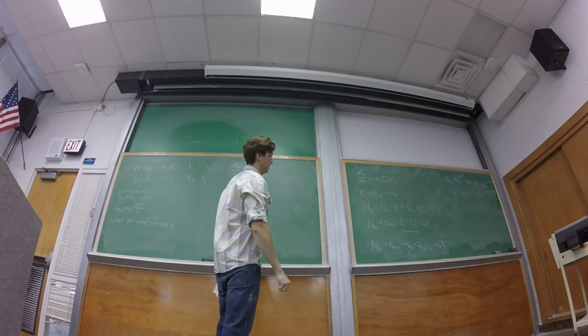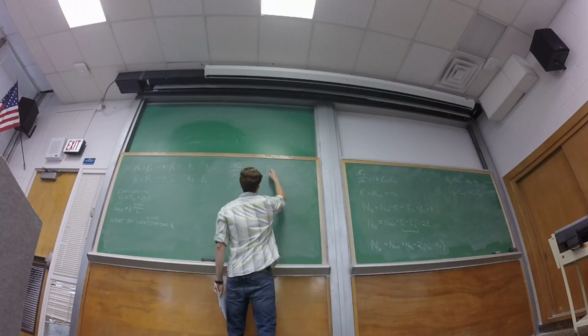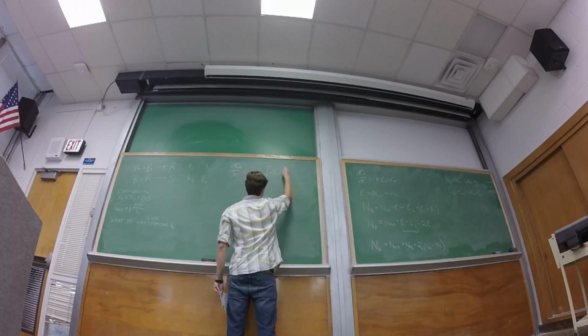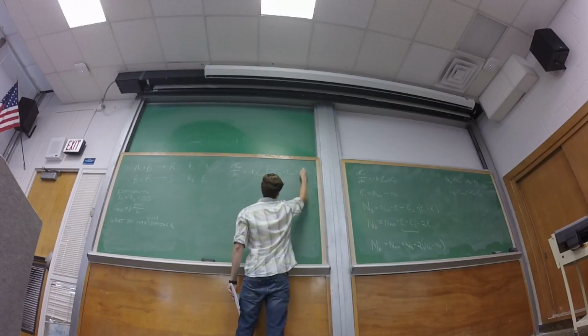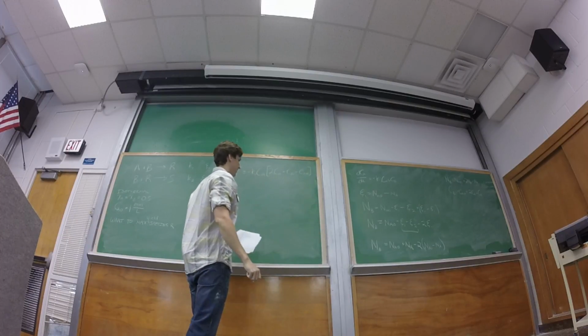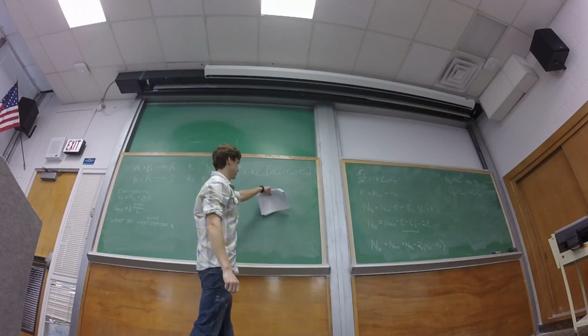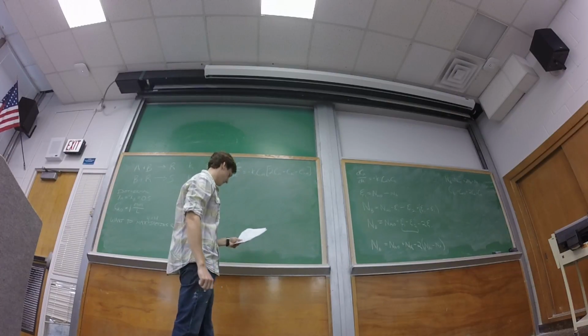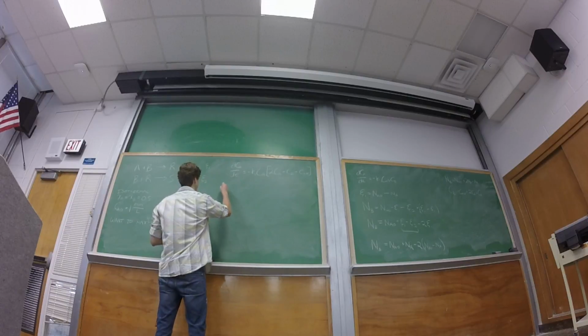So the concentration of B is 2Ca plus Cr minus C naught. And then from part C, you solve for the concentration of R in terms of concentration of A. So then you can plug that in.